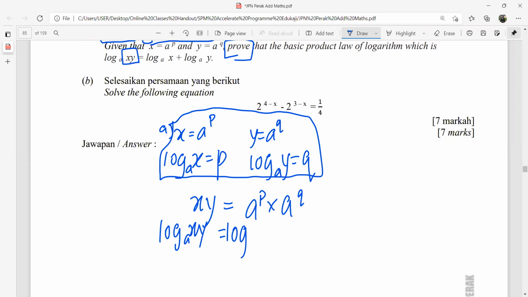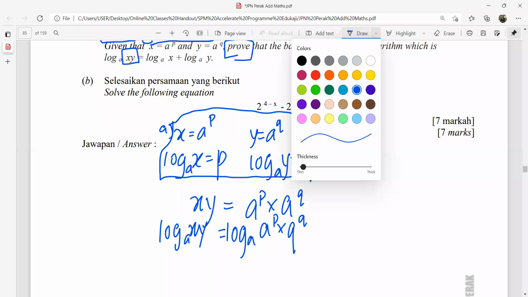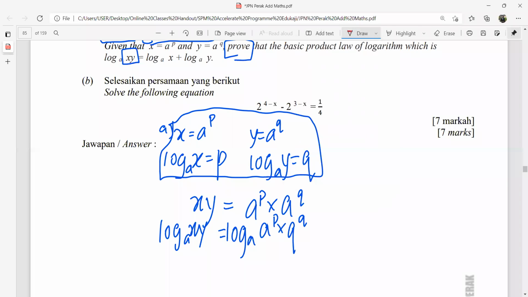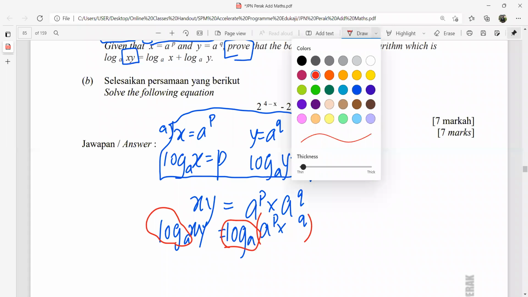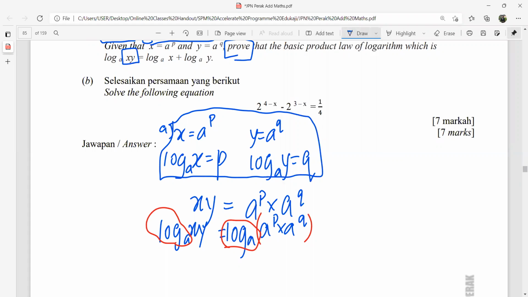Add log base a both sides. This is the thing a lot of students don't know. So you cannot think, oh yeah, this question is easy, and then you don't know how to start. That's the thing. So add the log both sides. You see or not, step by step.